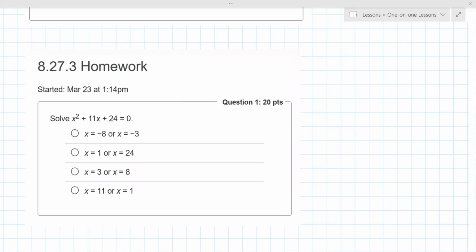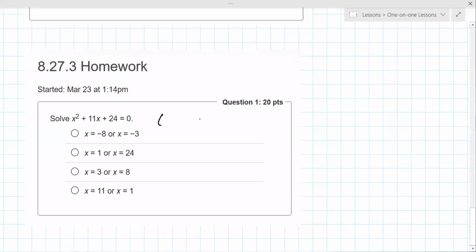I used the quadratic formula, but if you think I should factor it, then I can try to factor this. I remember something about factoring.